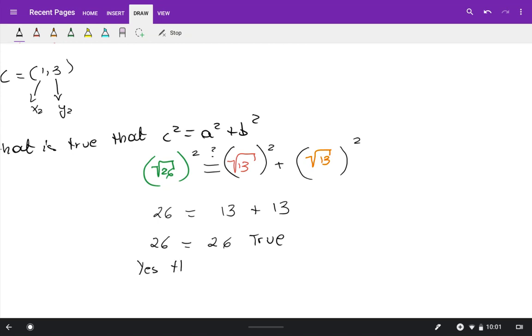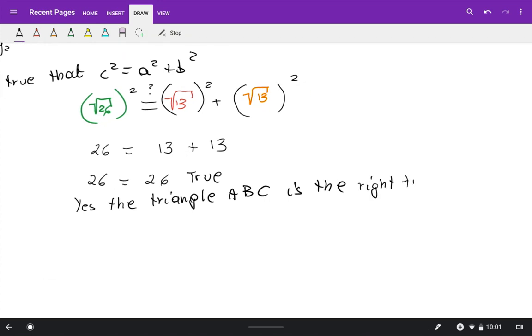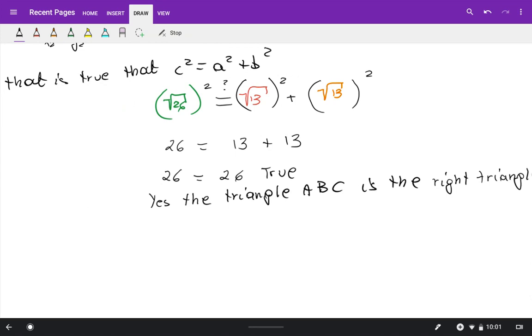Yes, the triangle ABC is a right triangle because it satisfies the Pythagorean theorem. Each right triangle always satisfies the Pythagorean theorem.